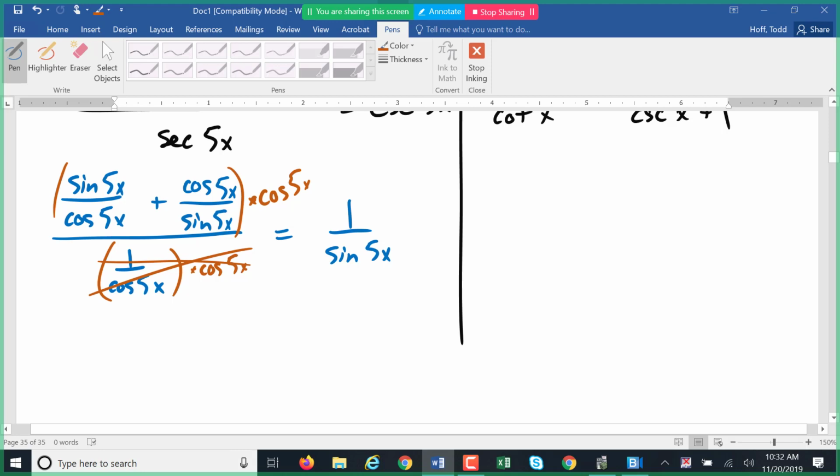On top, the first one is going to cancel out as well. The cosine of 5x on bottom cancels the cosine of 5x I'm multiplying by. So that's just sine of 5x. On the second one, cosine of 5x times cosine of 5x is cosine squared of 5x over sine of 5x. Haven't done anything on the right side yet. That's still 1 over sine of 5x.